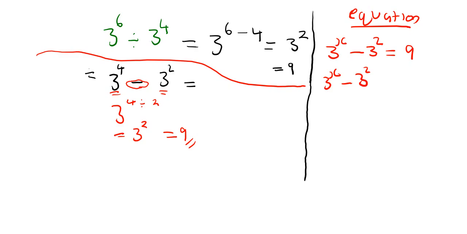Since now the bases are the same, what do we do to the powers? We are supposed to divide the powers, which is x divided by 2. Then we know that that is equals to 2.